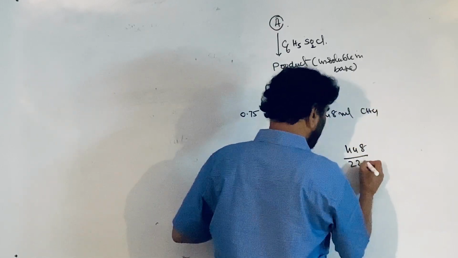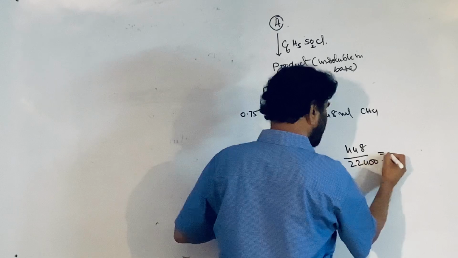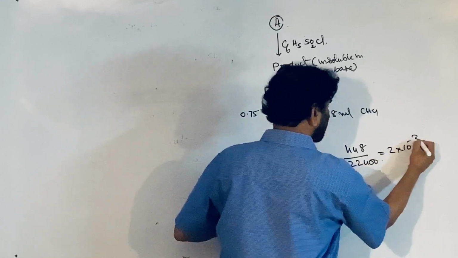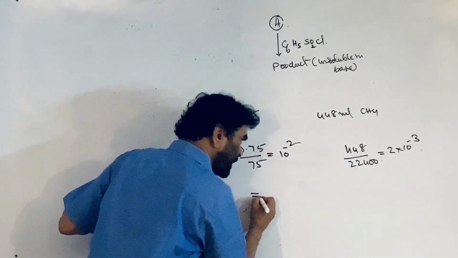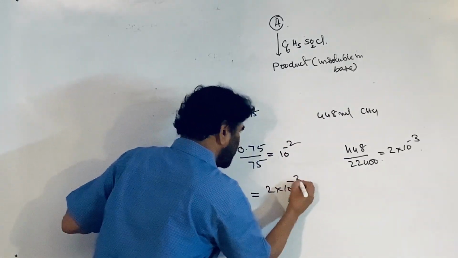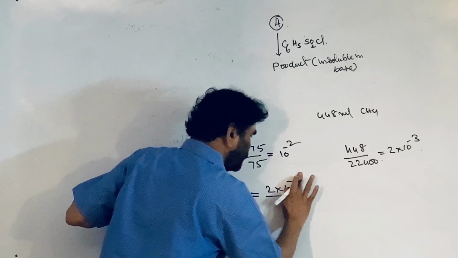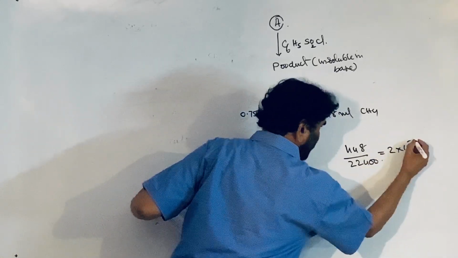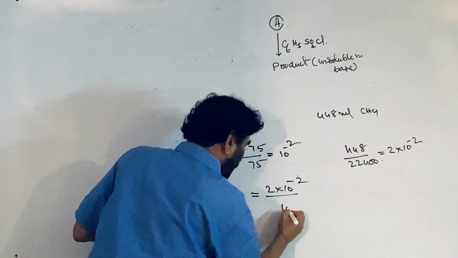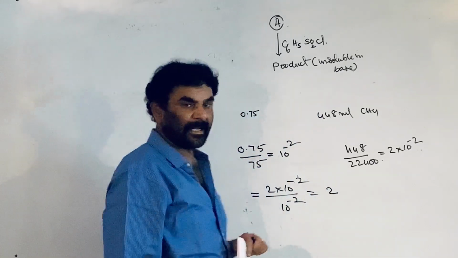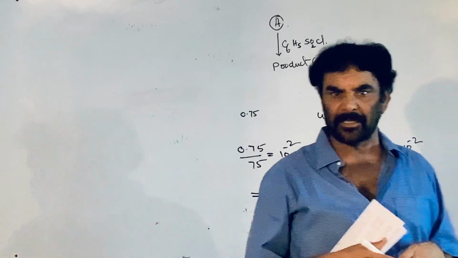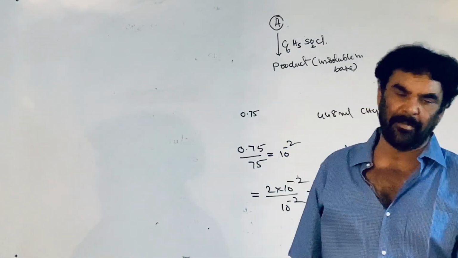Divided by 22,400, this is 2 into 10 to the power of minus 3 moles of methane liberated. Dividing by 10 to the power of minus 2 moles of the organic compound, this is equal to 2. It contains 2 active hydrogens, not 1, remember.